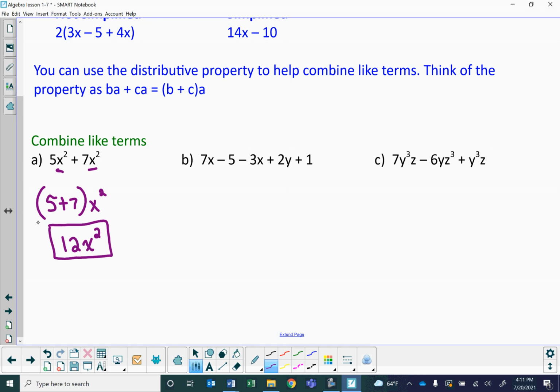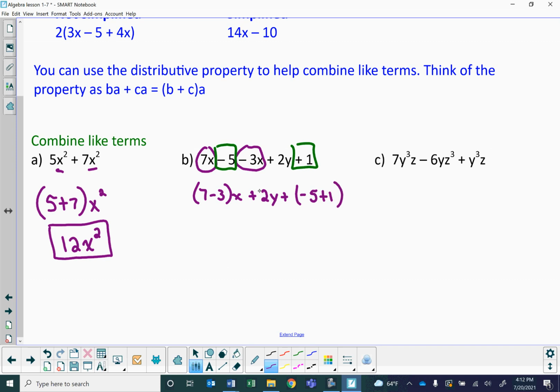Okay. I look at the next problem here. I've got 7x minus 5 minus 3x plus 2y plus 1. Okay, so let's look at our like terms. I know that 7x and negative 3x, a sign always goes with its number. The negative goes with the 3x. So I have 7 minus 3 times x plus 2y, and then I have a negative 5 here and a positive 1 here, which means I can then do plus parentheses negative 5 plus 1.